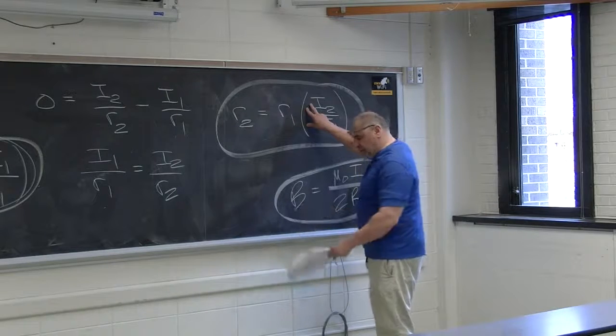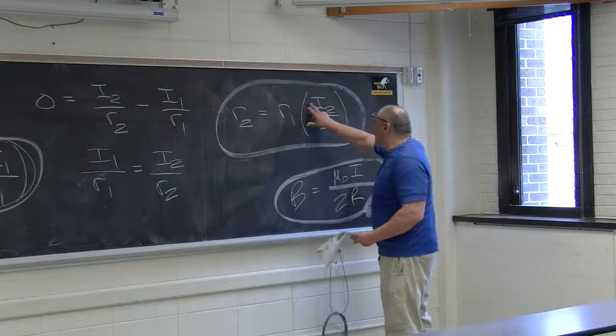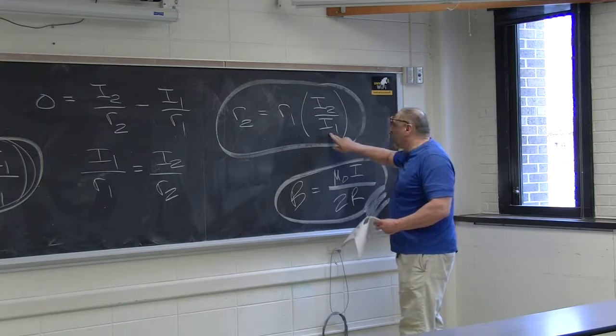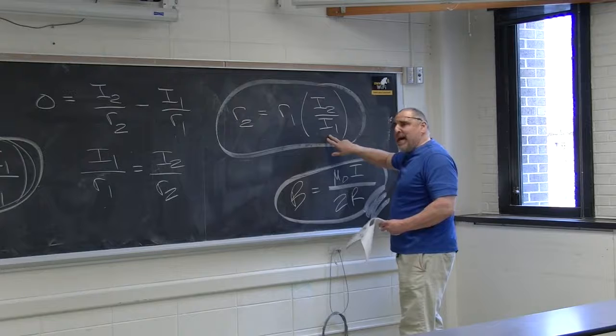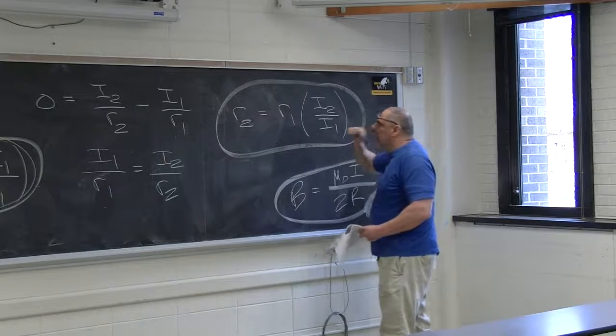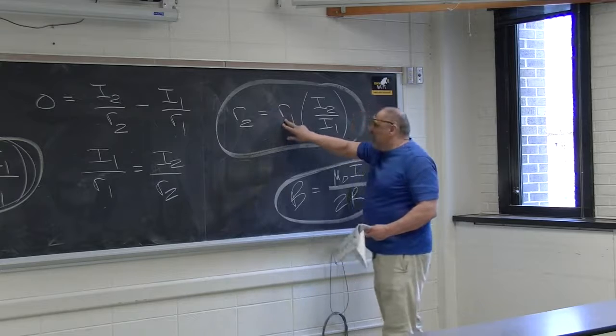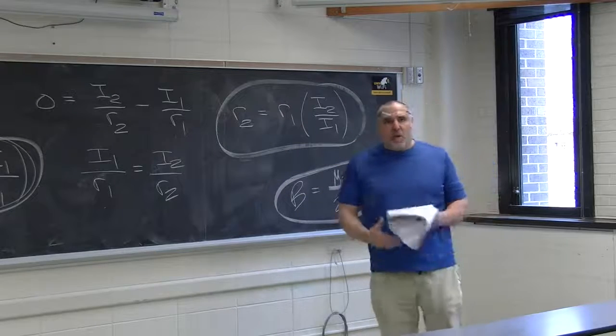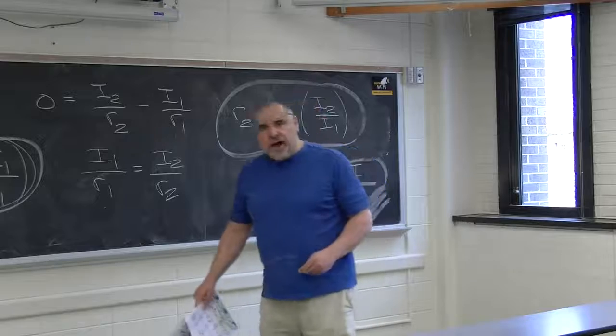Well, okay, let's just do it. We're talking about the I2 is 9, the I1 is 4. 9 over 4 is 2 1/4, it's 2.25. This guy right here is 10 centimeters. What's 10 centimeters times 2.25? It's 22.5.